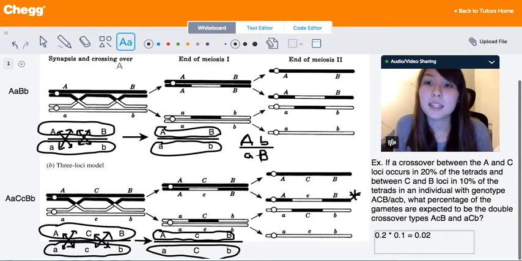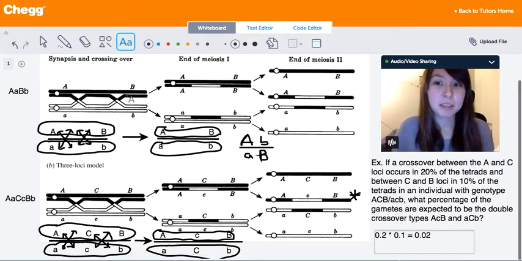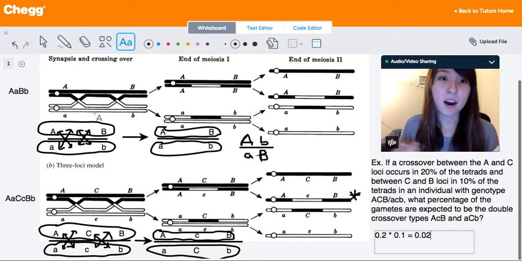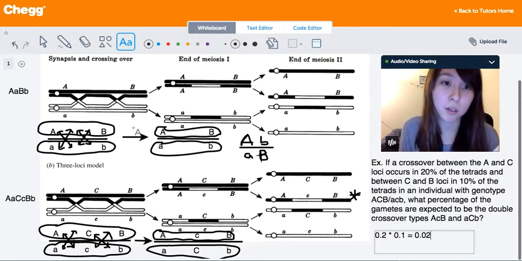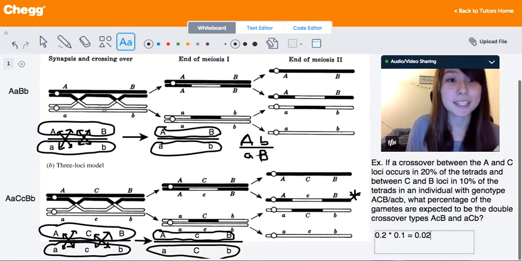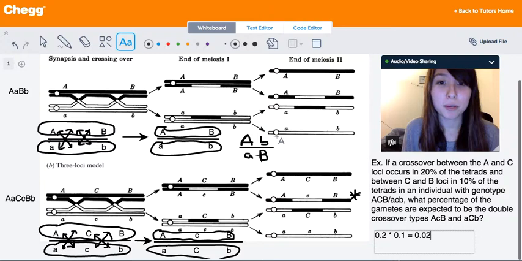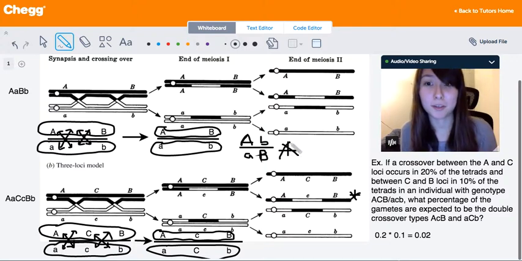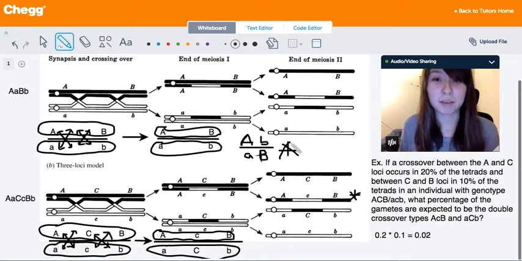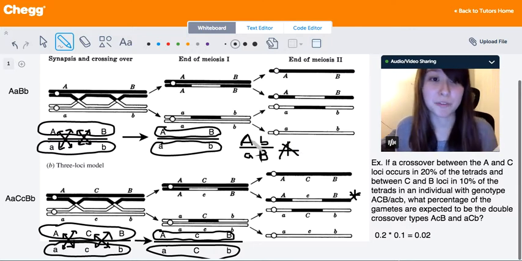If we look at this 2 loci model with A and B, and we have any odd number of crossovers occurring between these 2 loci, so 1 crossover event, 3, or 5, we'll get what we see right here, which looks like a single crossover, because the odd numbers end up having a crossover event occur.